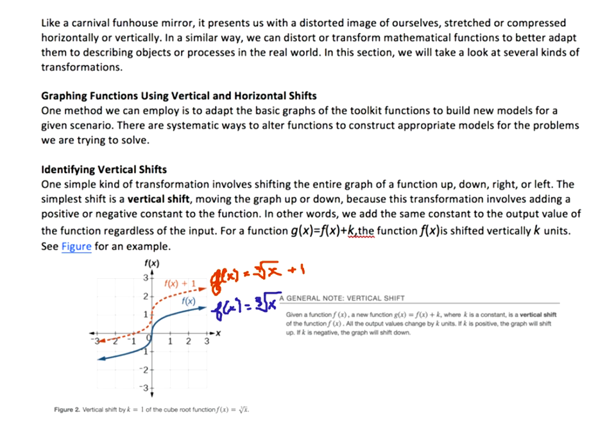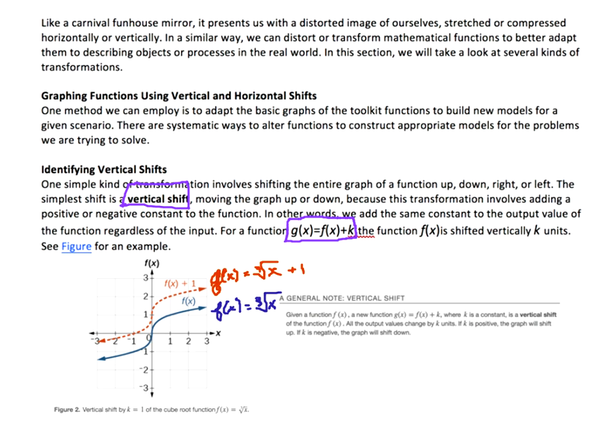Anytime you move up or down, that's a vertical shift. Anytime you move left or right, that's a horizontal shift. And let me point this out to you. For a vertical shift, you will see the value that you're shifting added or subtracted outside of the function.